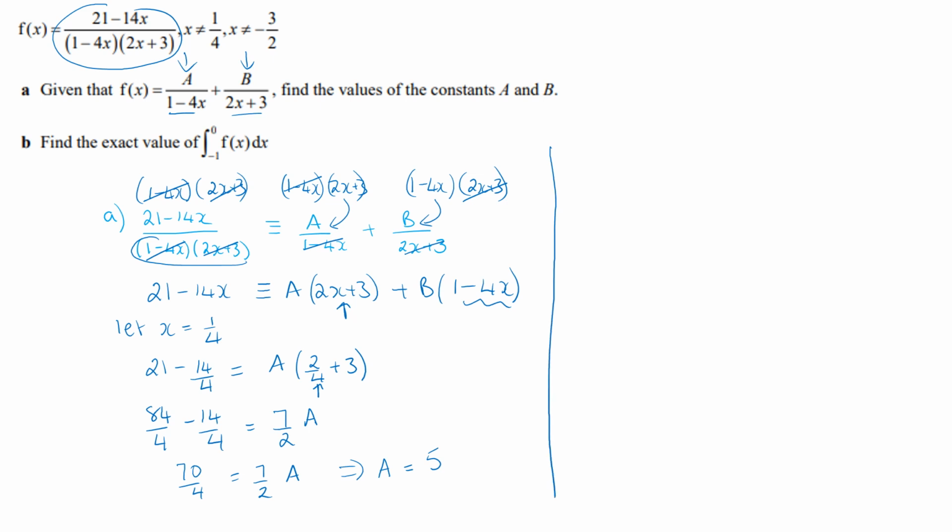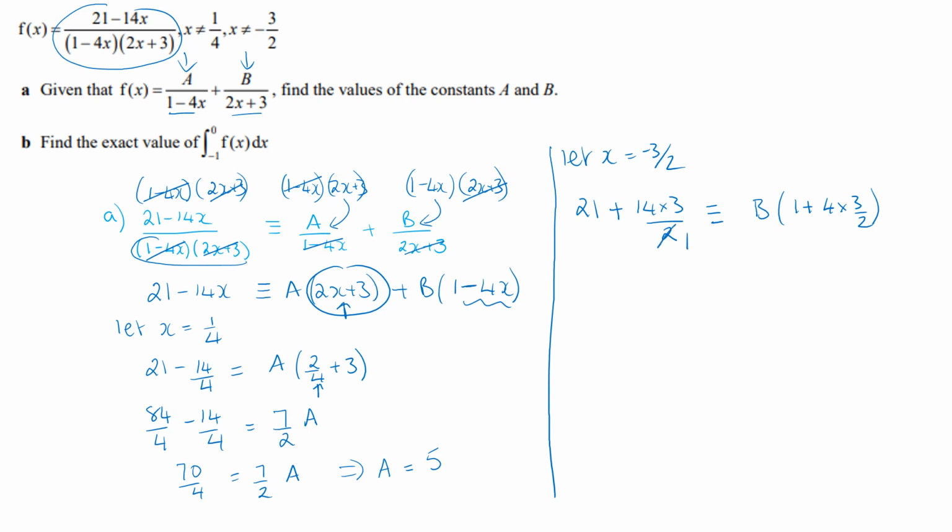Now if we do the same and let x equal minus 3 over 2, because then that will make this bracket equal 0. So on the left, feeding that in, we'll have 21, and then it'll be plus 14 times 3 over 2, is equivalent to our B, and 1 minus, or it'll be plus 4 times 3 over 2, because x is minus 3 over 2 times this minus here is going to make a plus.